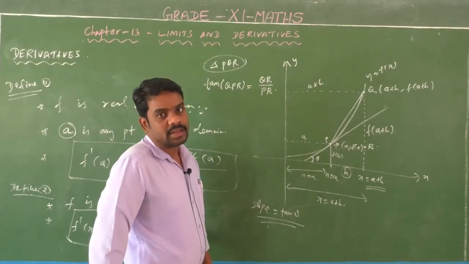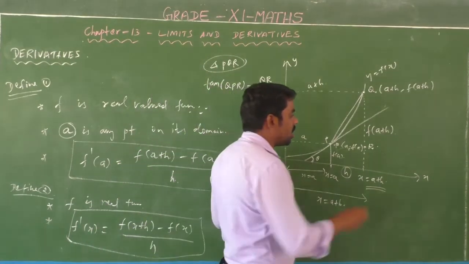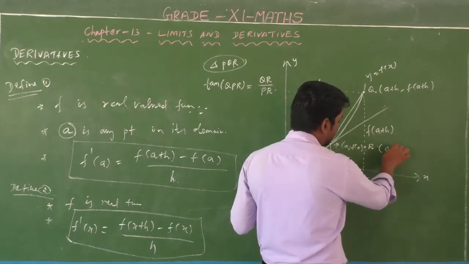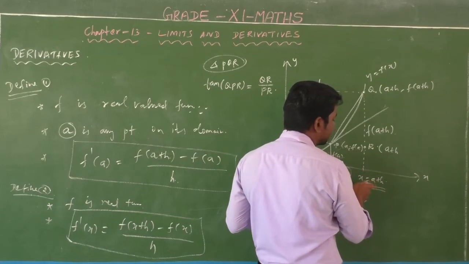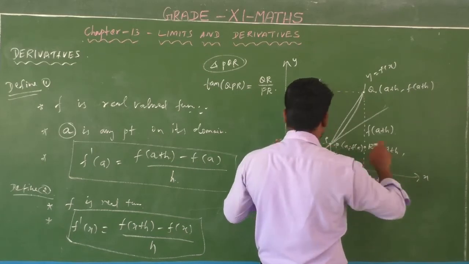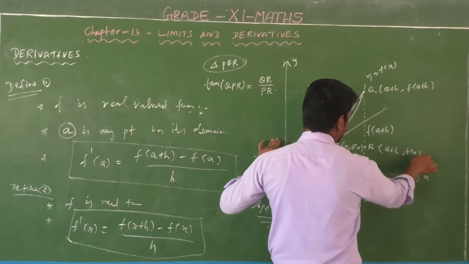Okay, right. Listen, here R value is horizontal distance a plus h, comma vertical distance, this one is f of a.